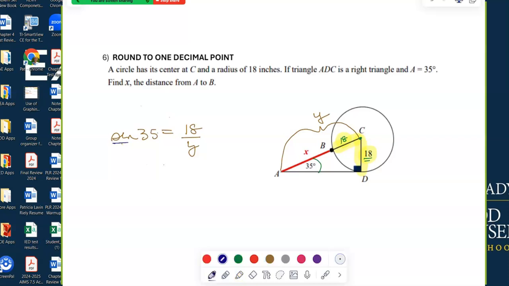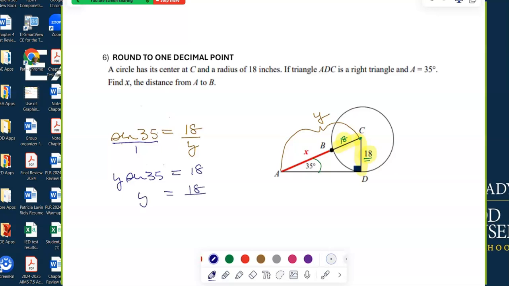So cross products: y times the sine of 35 equals 18, and y equals 18 divided by the sine of 35. In my calculator, I have 18 divided by the sine of 35, and I get 31.4. Now, we're not looking for y, are we?